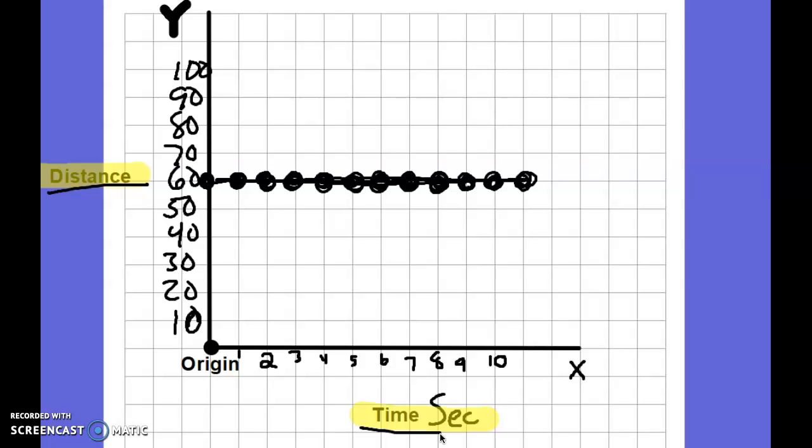So in a distance time graph, this actually means at rest. The object is not moving. As time ticks by, the object stays in the exact same spot. It's not moving. Therefore, it is at rest.